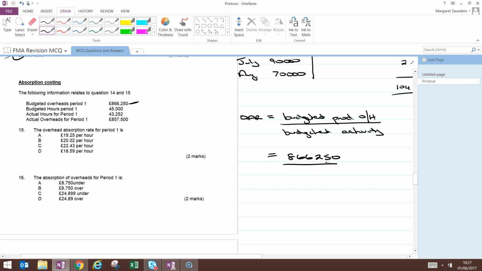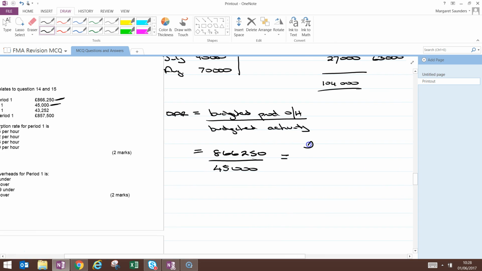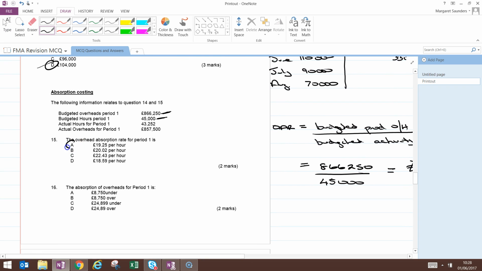Divide that by our budgeted level of activity. And remember, by activity we can be talking about hours, labour hours, machine hours, or we can be talking about units. So looking at the information that this question has given us, the budgeted activity is the budgeted hours, 45,000. So we're dividing by 45,000. That gives us £19.25 per hour. So that's our absorption rate, which is answer A.